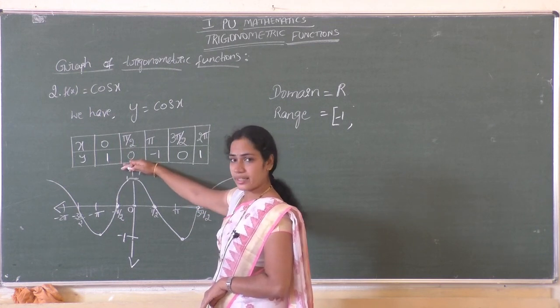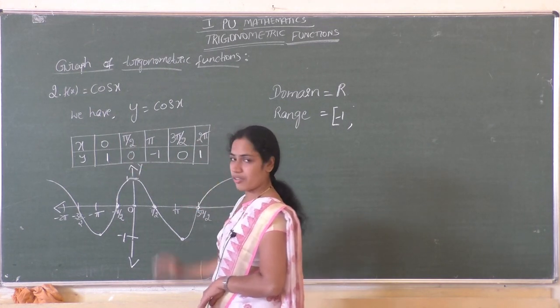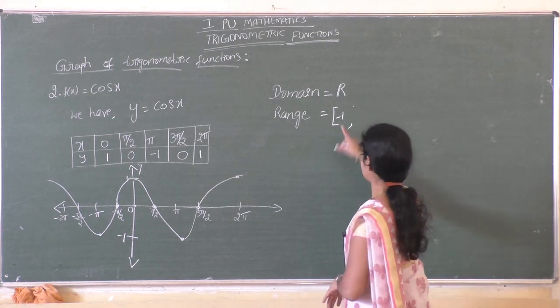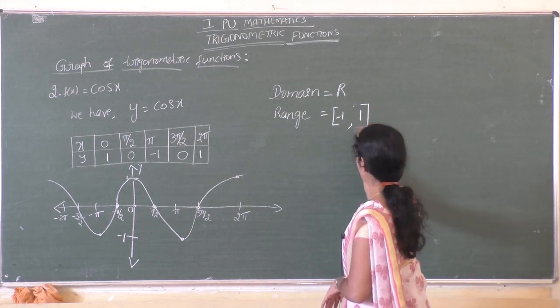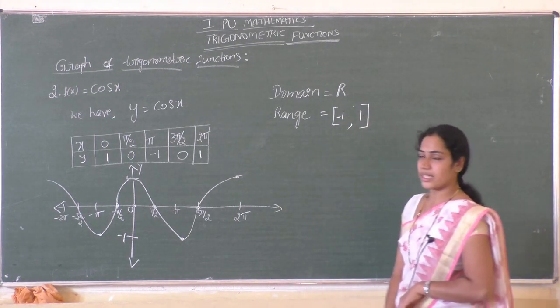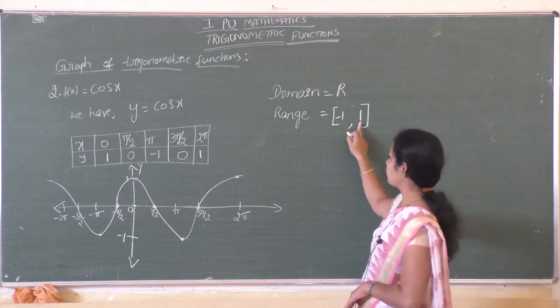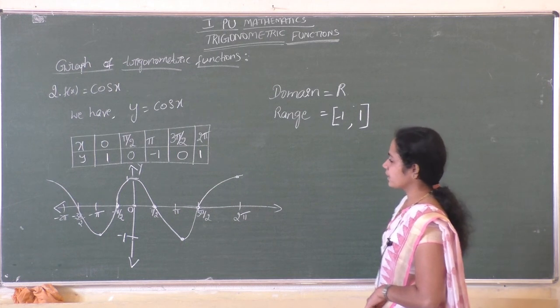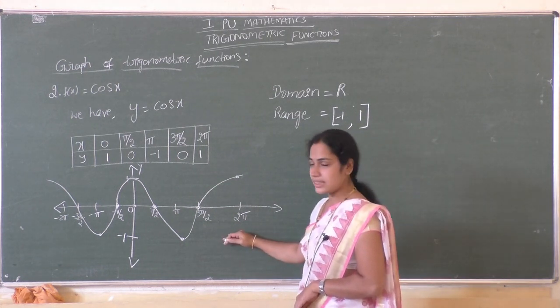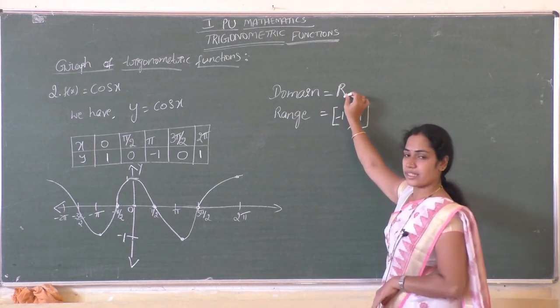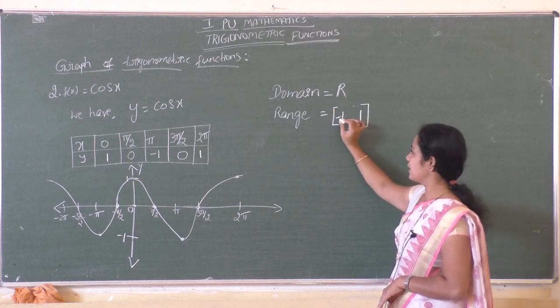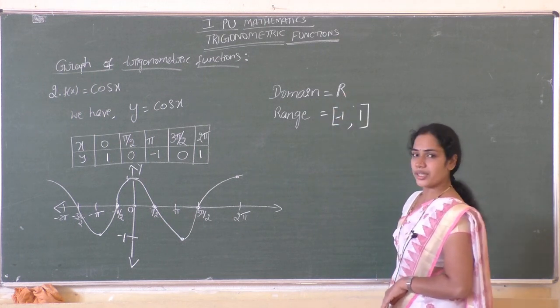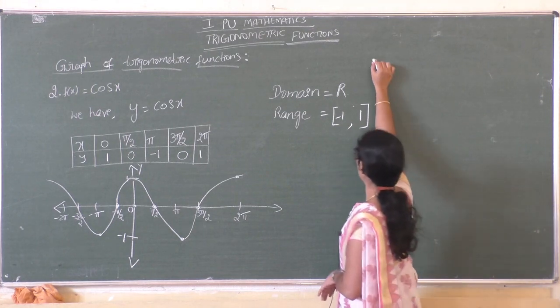No value is greater than 1 for any value of x. So the range is minus 1 to 1, where both are included, so we put a closed interval. This is the graph of cos x. The domain is the set of all real numbers and the range is [-1, 1].